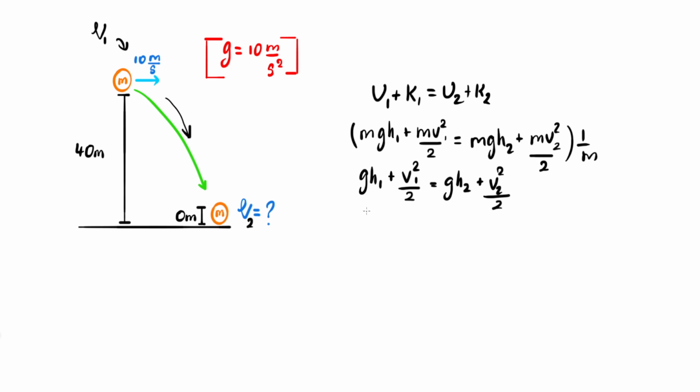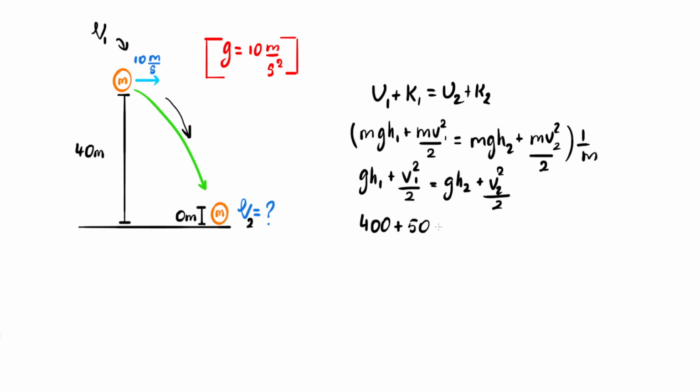So g is 10, and h1, the height of the object in the first case, is 40 meters. So 10 times 40, not 10 plus 40, is 400, and v1 squared is basically 100, like 10 times 10. 100 by 2 is 50.